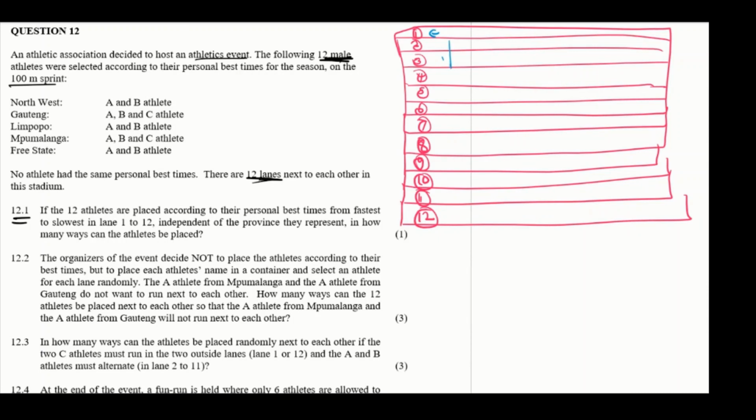Then as you go down, we go to the slower athletes. So if the athletes are placed according to their personal best times from fastest to slowest, from lane 1 to 12, independent of the province they represent, you don't have to consider if they come from Northwest, Gauteng, Limpopo, Mpumalanga, or Free State. Just neglect the province. In how many ways can the athletes be placed?